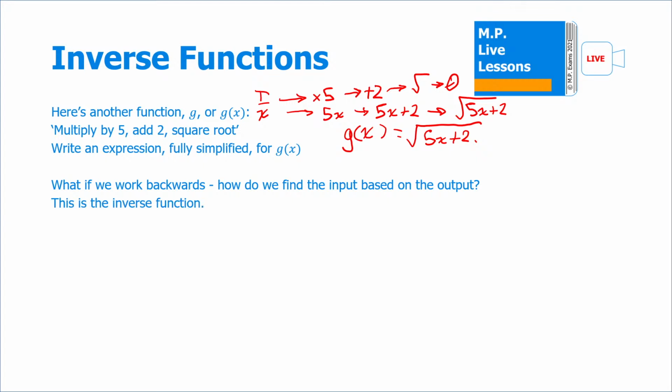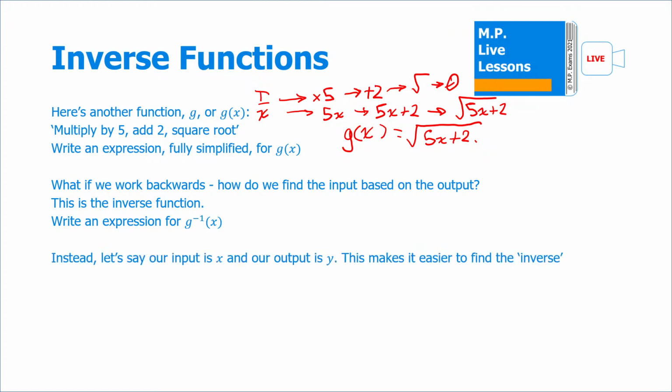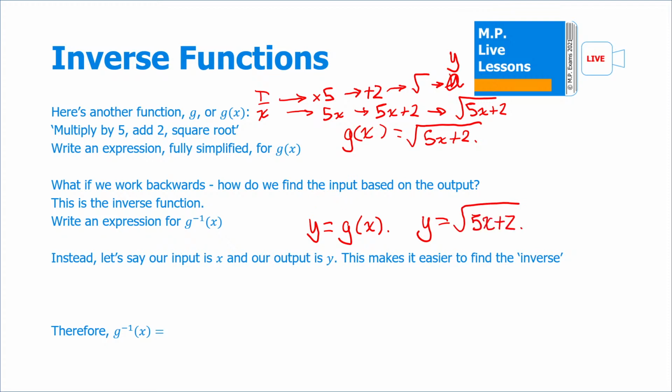So this is the inverse function. And we want to write the expression for the inverse of g, or g minus 1 of x. So let's say our input is x and our output is y. So now y is g of x. Now this makes it easy to find the inverse. So this almost becomes an equation. y equals the root of 5x plus 2.